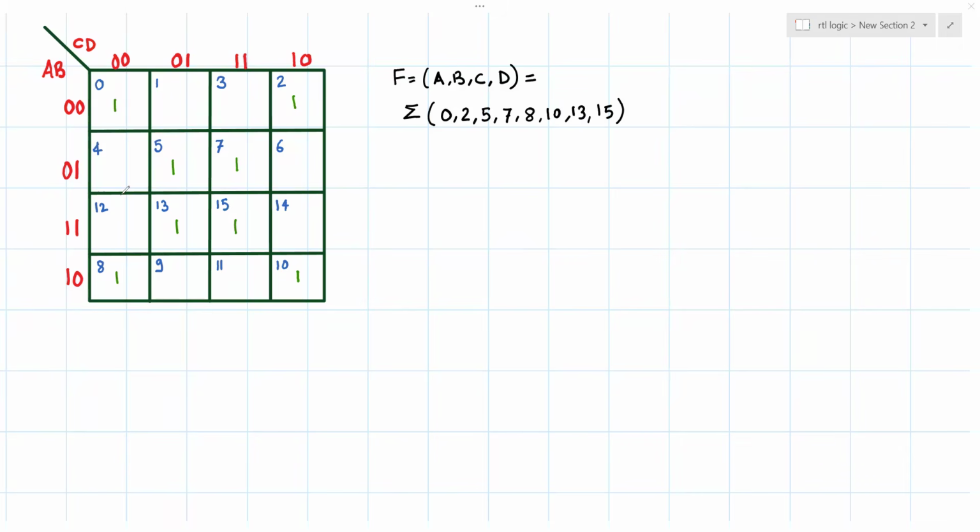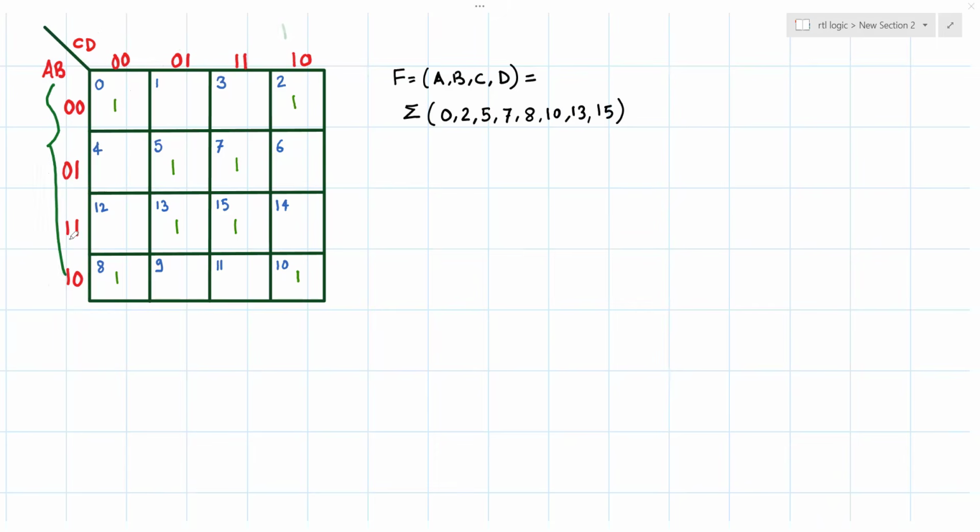So as you can see on your screen, we have this beautiful graphic representation of how the K map is arranged for the four variables A, B, C and D. There are four rows and four columns.